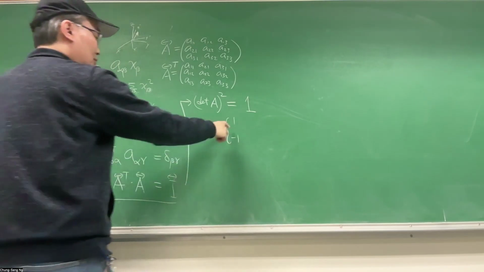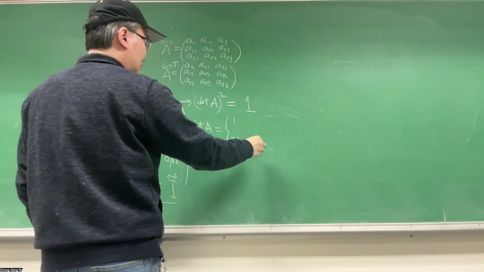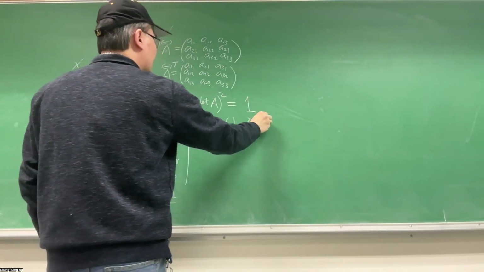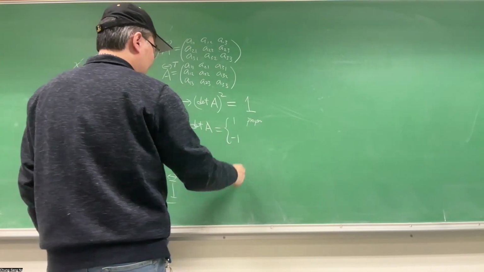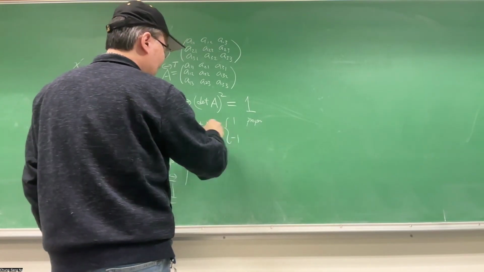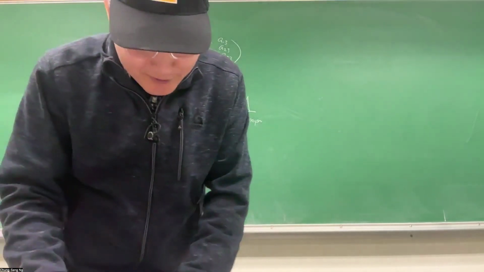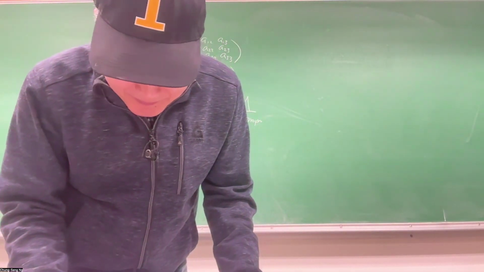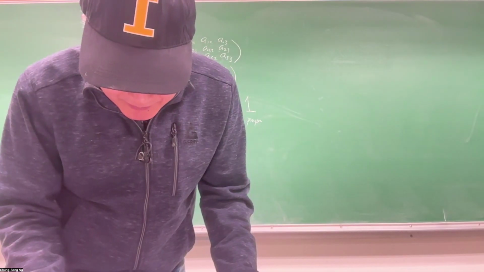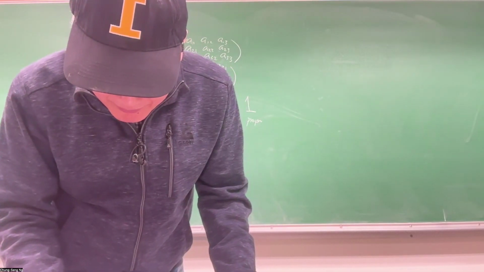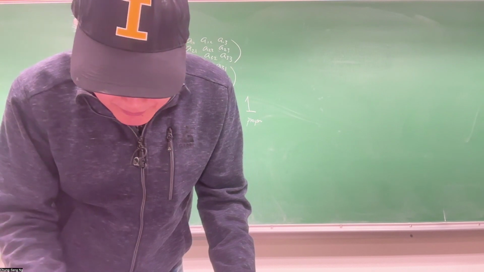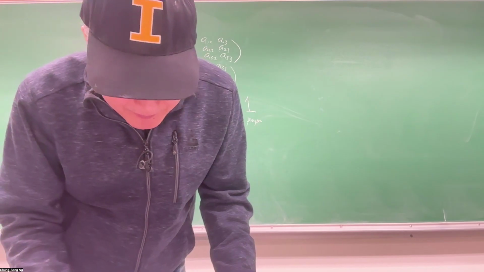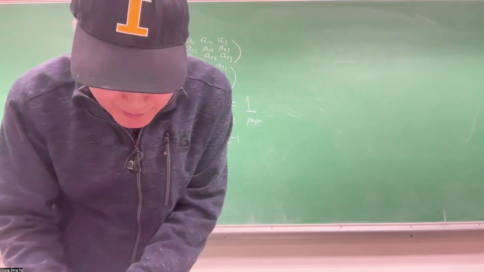Okay, if it is 1, this is a proper transformation or proper rotation. When it is minus 1, it is not proper, what they say improper, whatever, Jackson calls it.